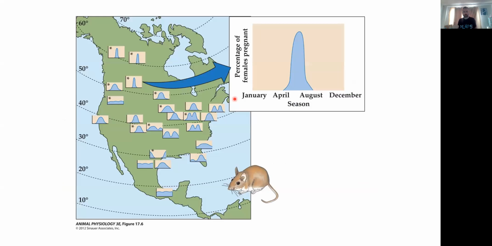Now, as we get farther and farther away from seasonality, we get farther and farther away from there being a distinctive reproductive cycle, right? So here we've got little dormice, and this little arc here we've got is our reproductive cycle timing. The area under the curve is the percentage of females that are pregnant, right?